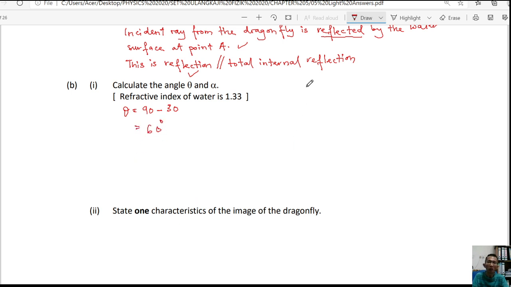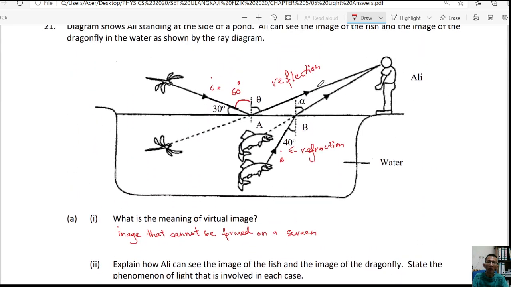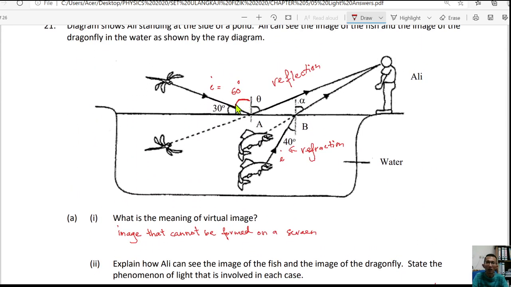It's very straightforward. If I go back here, if our I is 60, then this is our R, right?